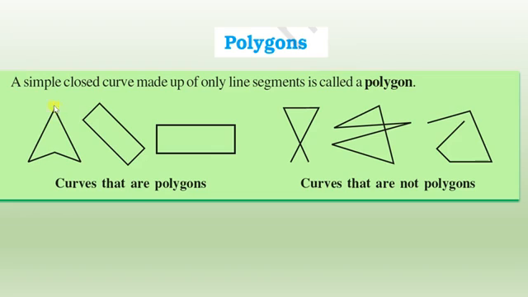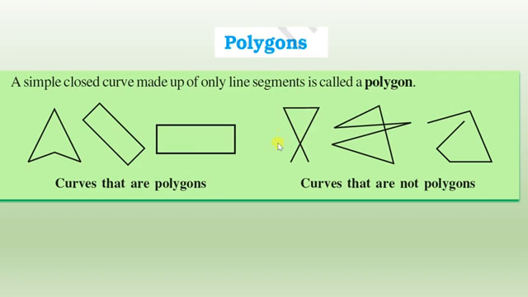Like in this figure, the first figure is a closed curve. It is simple also because it does not cross itself, and it is made up of line segments. So it is a polygon. Similarly, the second and third curves are closed and simple also because they are not crossing themselves. So they are also polygons.